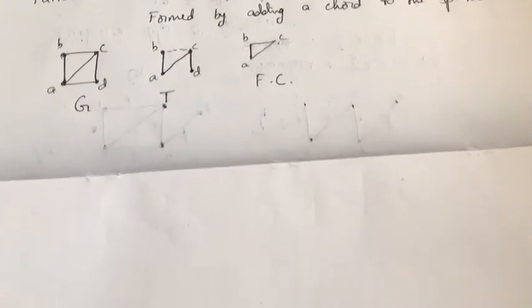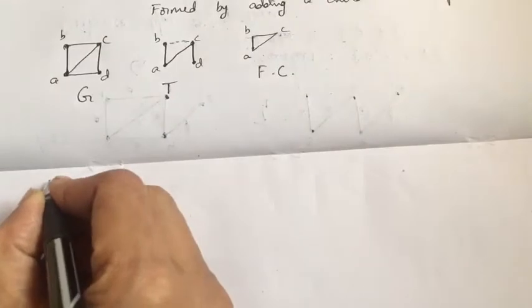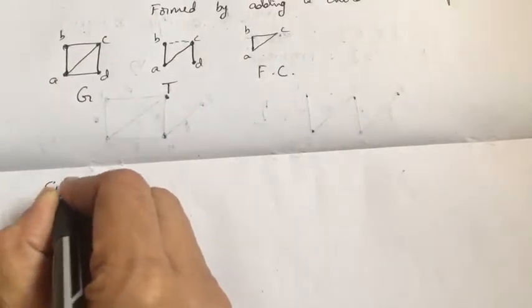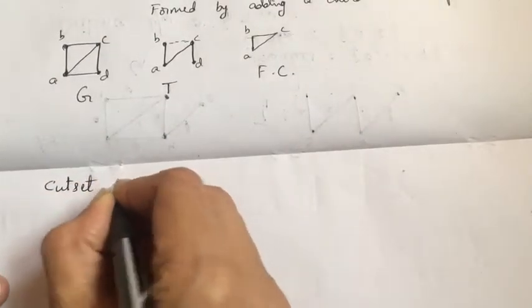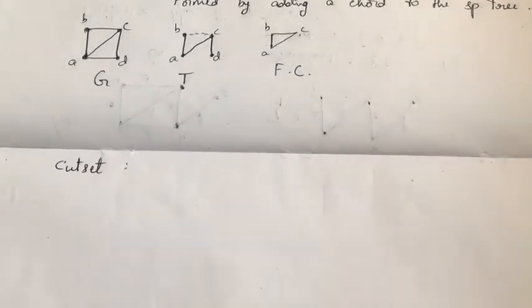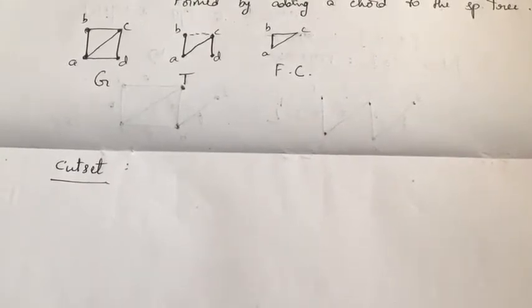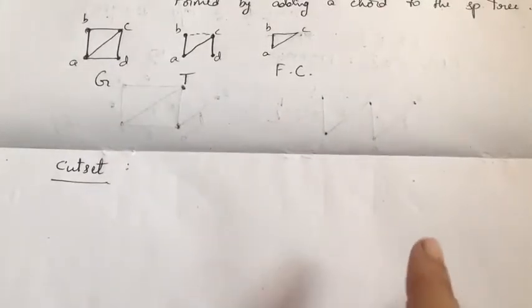Next is cut set. In a connected graph G, a cut set of edges means it's a collection of edges.